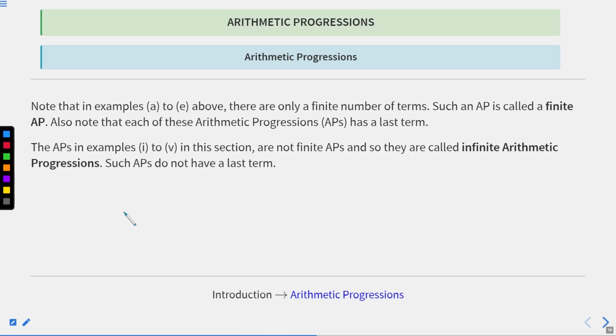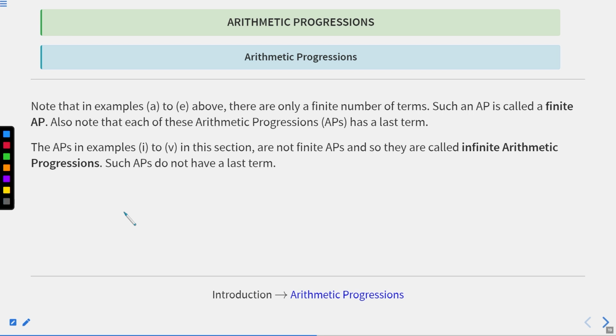Now note that in examples A to E that we have seen in our previous slide, there are only a finite number of terms. Such an arithmetic progression is called a finite arithmetic progression. Also note that each of these arithmetic progressions has a last term.